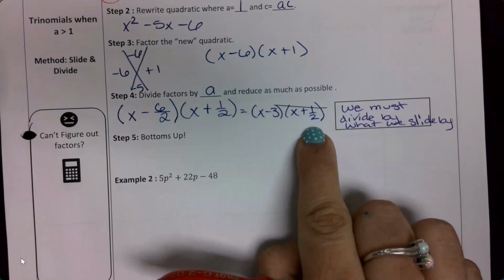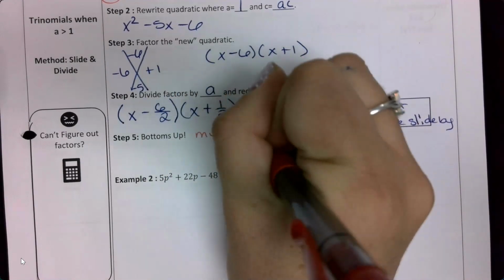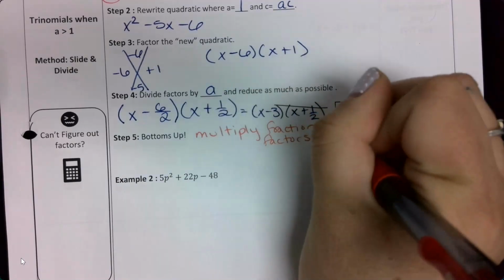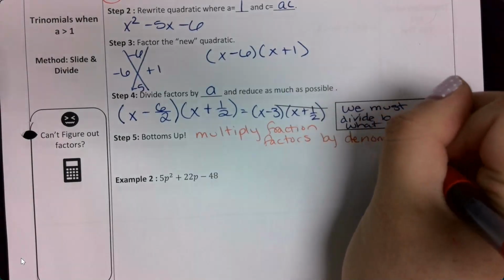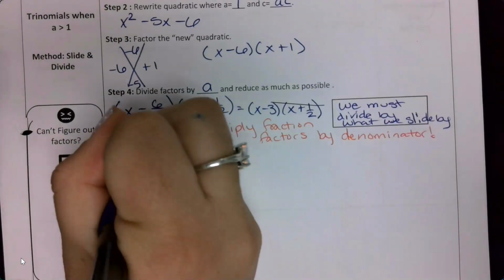Notice how this one has a fraction. I don't want a fraction in my answer, so I want to multiply fraction terms by the denominator. My first factor stays the same because there's no fraction there.